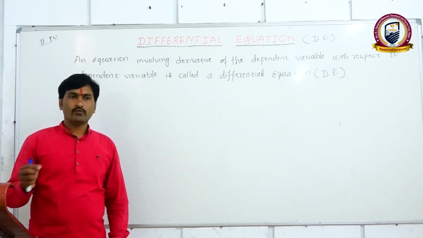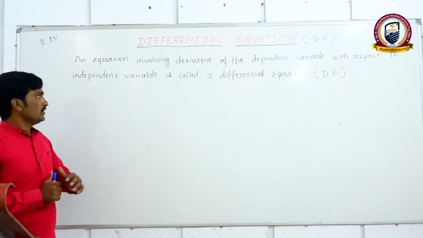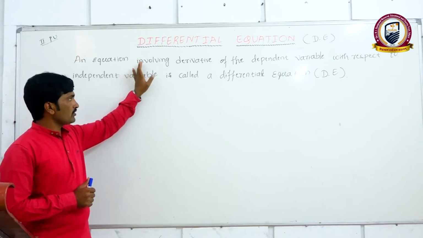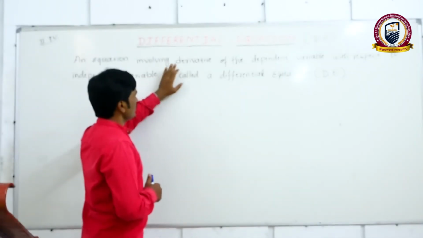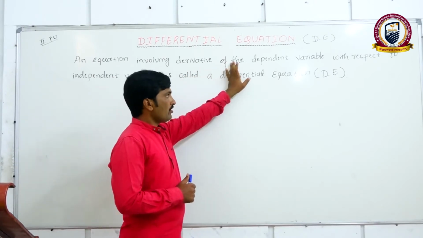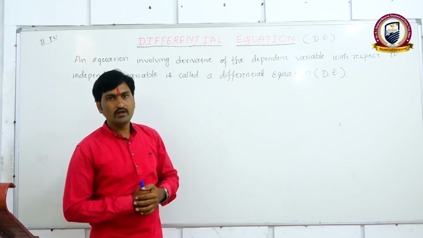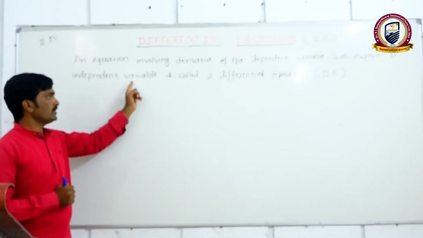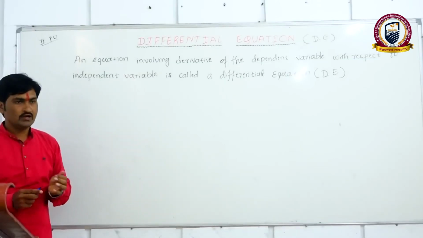So what is meant by a differential equation? The definition is an equation involving derivatives. Remember this point: an equation involving the derivative of the dependent variable with respect to the independent variable is called a differential equation.